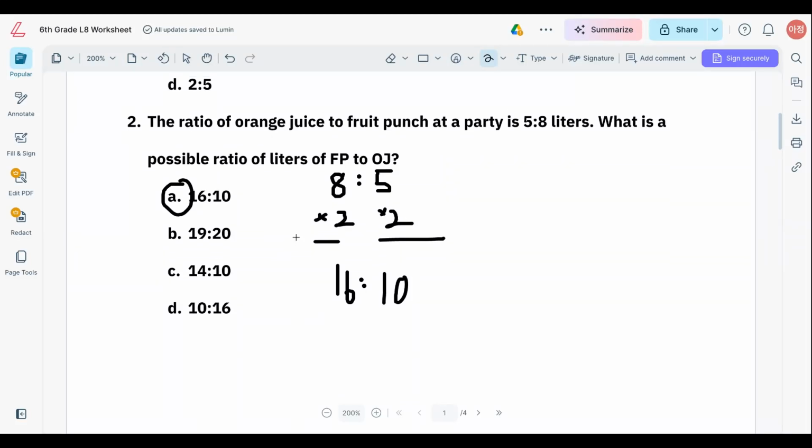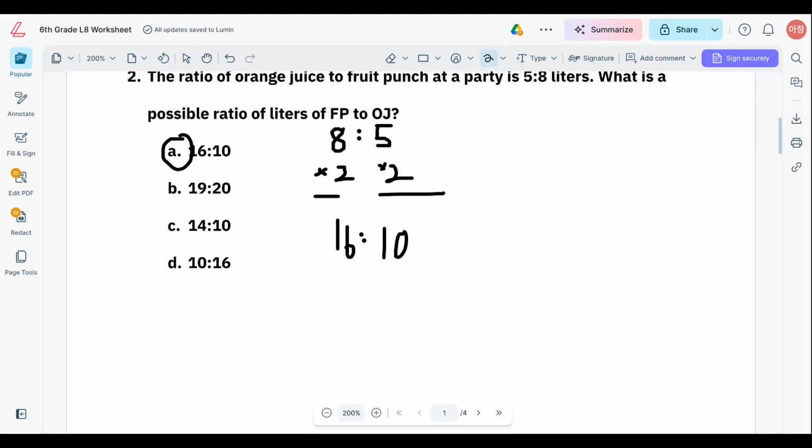And then we can just double check by looking at B, since it's 20, that means we would have to multiply 4 to 5 to get 20, but 8 times 4 is not 16, so that's wrong.